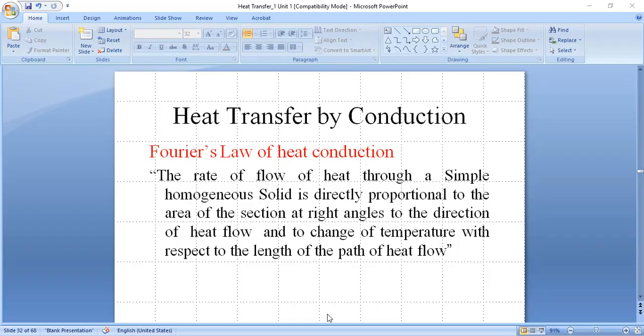See here, Q equals minus K A into dT by dx.